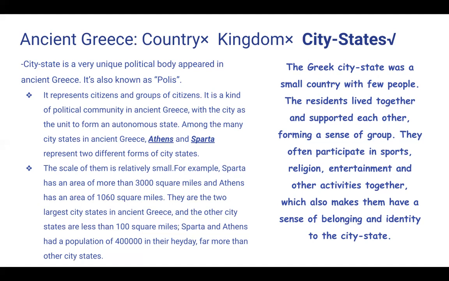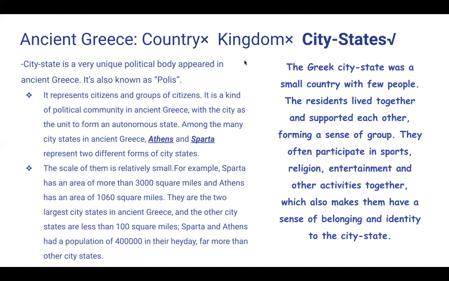The residents live together and support each other, forming a sense of group. They often participate in sports, religion, entertainment, and other activities together, which also makes them have a sense of belonging and identity to the city-states.